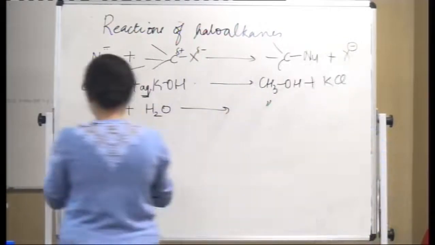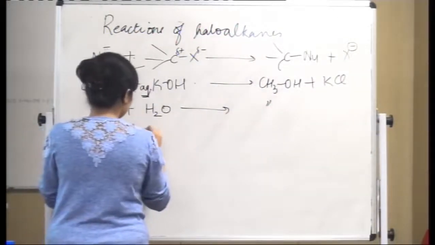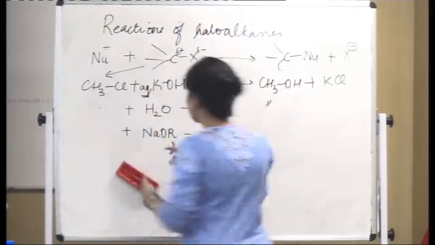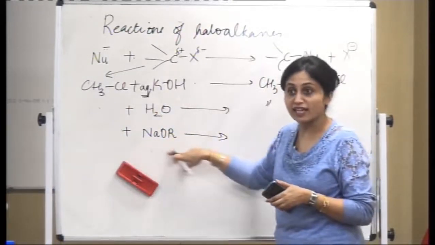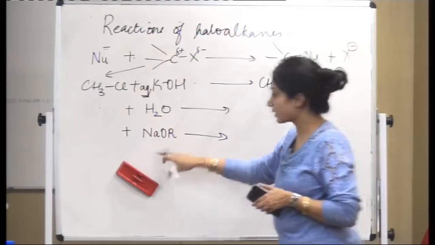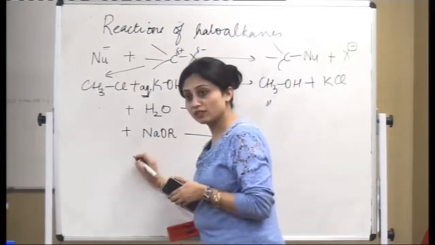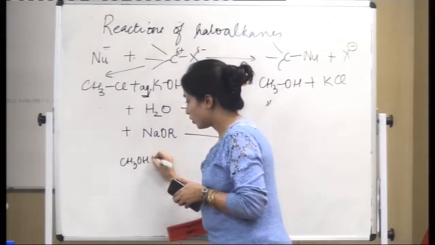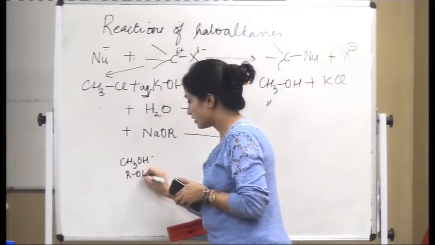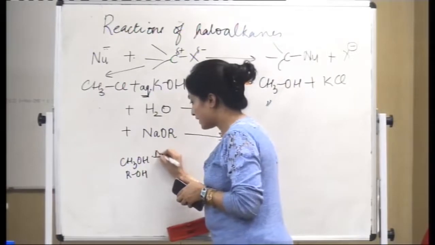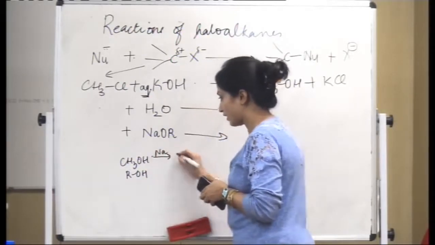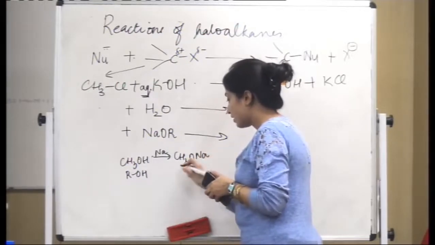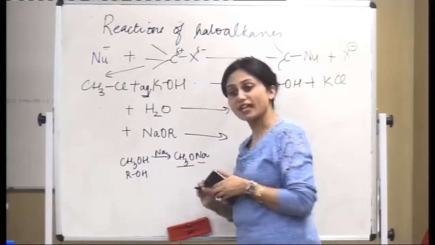ठीक है, जब हम उसके अंदर alkoxide डालेंगे, NaOR, how is this alkoxide formed now? Look into it. मेरे पास CH3OH है which is my ROH. इसके अंदर मैंने सीधा Na के साथ इसको react कराया, so I got CH3ONa. This is known as sodium methoxide.